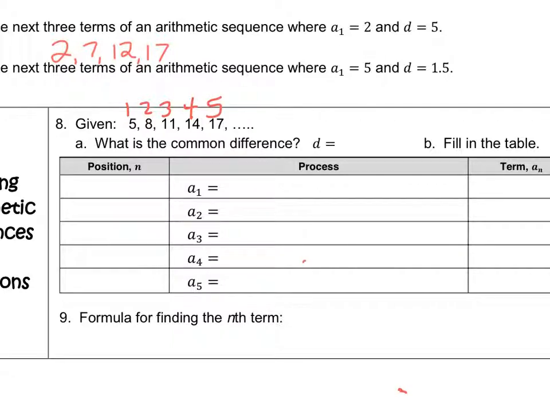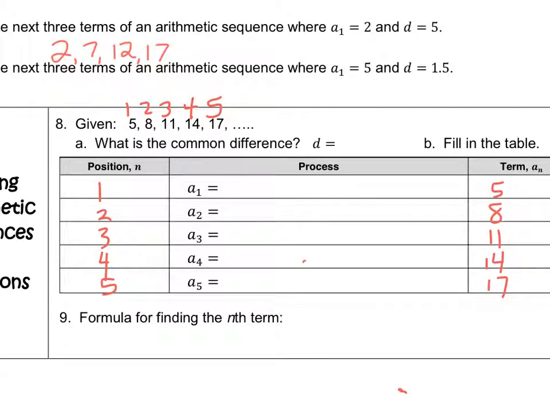So I've labeled my terms, because every time we do a pattern, we're going to label our terms, because that gives us a table. So 1, 2, 3, 4, 5, those are my terms, and then I can actually write my pattern down over here, which is 5, 8, 11, 14, and 17.